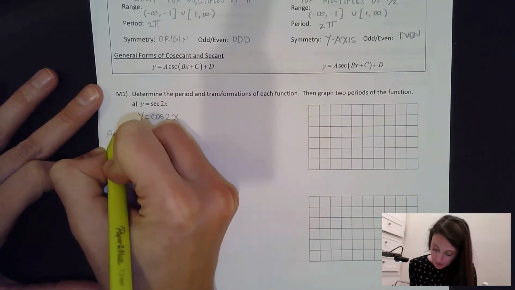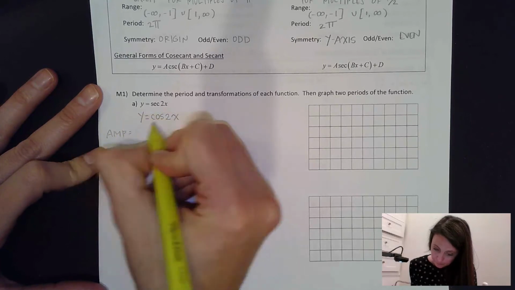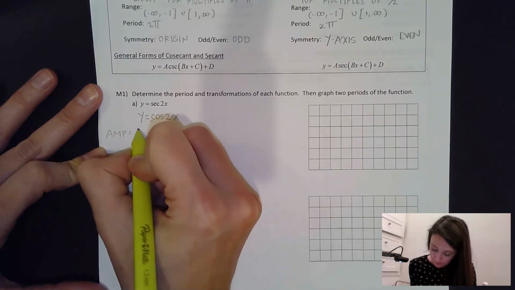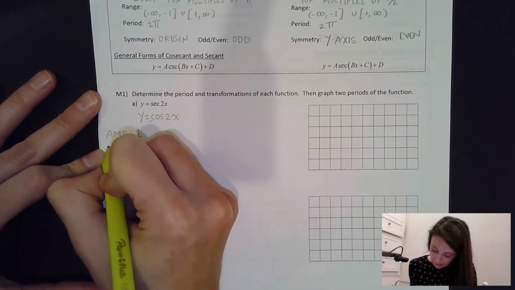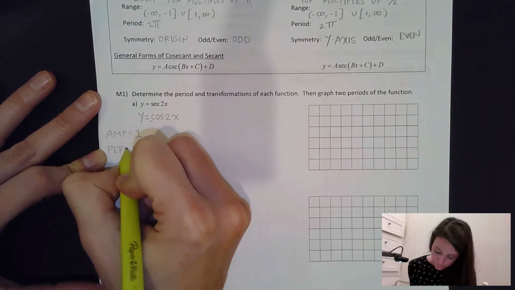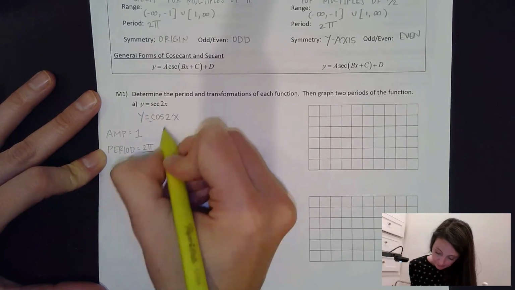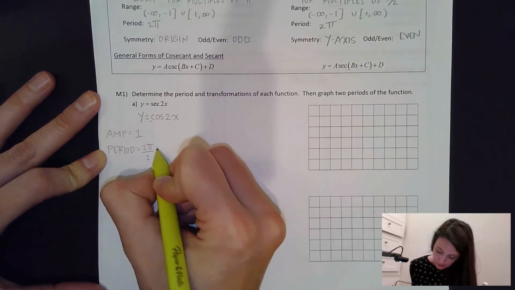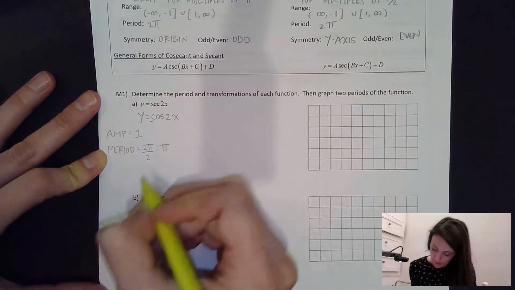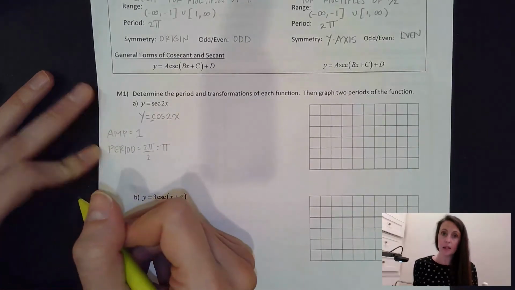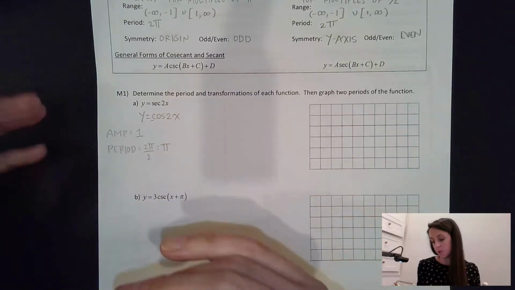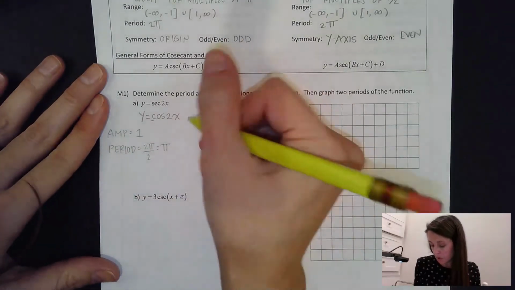So what is the amplitude? It is a 1. The period is going to be 2 pi divided by 2, so the period is going to be pi. There is no shift in the graph, no vertical shift.